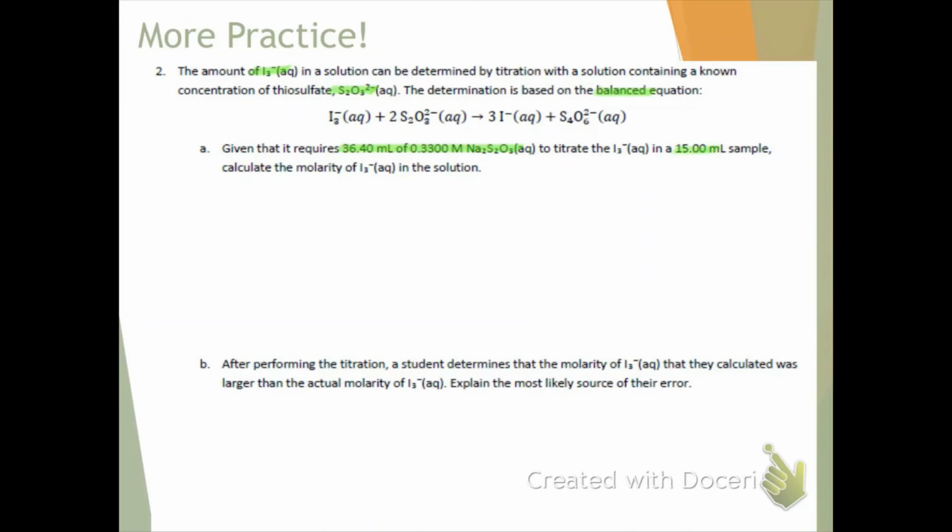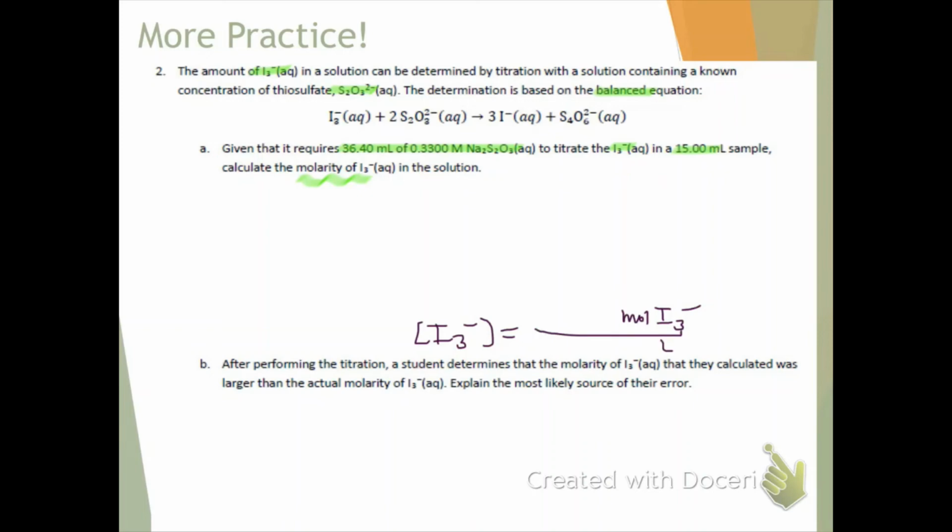We had 15 milliliters of our I3-. We're trying to find the molarity of the I3-. In order to find the molarity of that concentration of my I3-, we're going to need to calculate our moles of I3-, and molarity is always moles divided by liters.